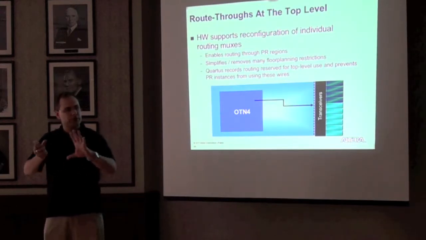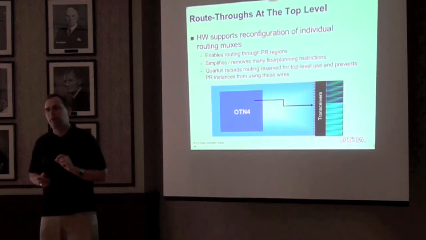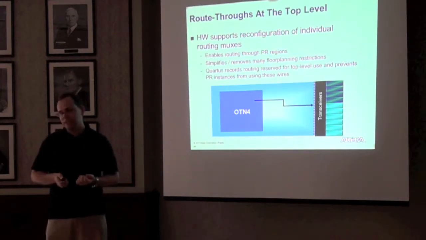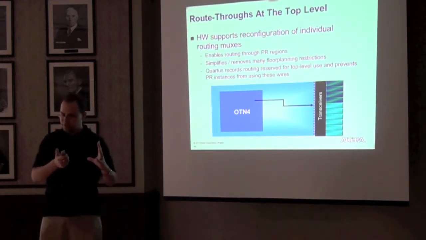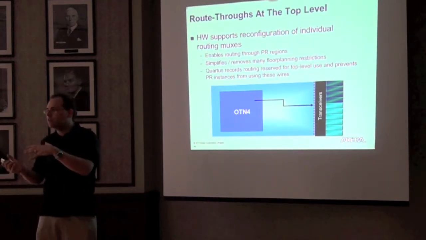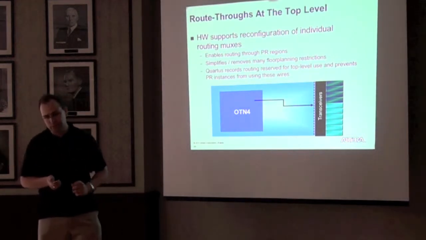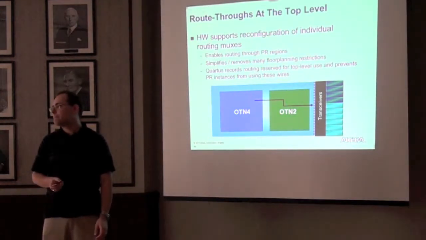Then the persona compilations, which import that placement and routing, know that those individual tracks were used in the original compile and therefore can't be used. So as you can see, this allows very complicated floor plans. You still need to manage the overall connectivity and the amount of signals going through, but you're not going to significantly increase through detours. So that means the persona always depends on the base compilation, the static version. That's correct.